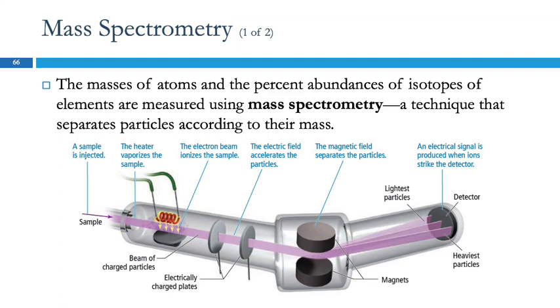Charged particles interact with a magnetic field, and so that's going to cause the stream of particles to bend. How far it bends is going to depend on how much those things weigh. If they are light particles, they will bend a lot, and if they're heavy particles, they will only bend a little bit. And then there's a detector here that identifies how many particles are hitting. It gives us a signal. Any questions?